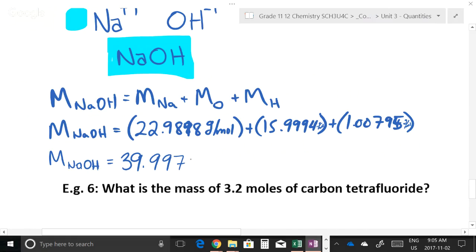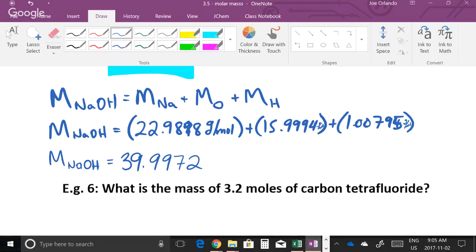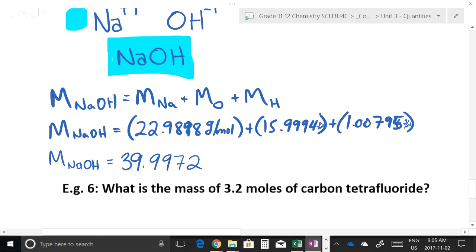So round up to 40.00. Oh, so actually that last digit did matter. Look at that. Fascinating. I did find out that one's more up to date. This one's out of date. It's 1.00794. For the purpose of this lesson, that digit is not going to kill us, but that is good to know.